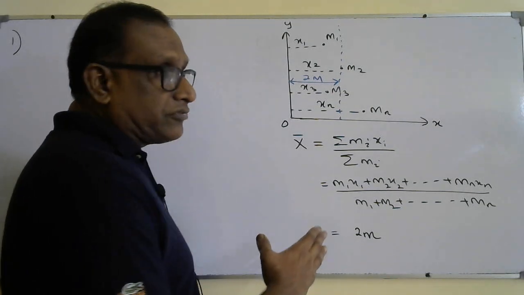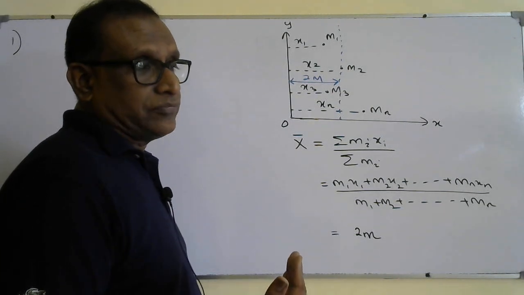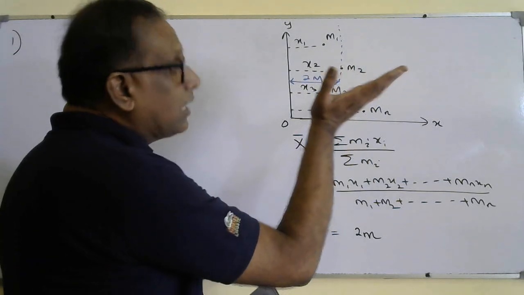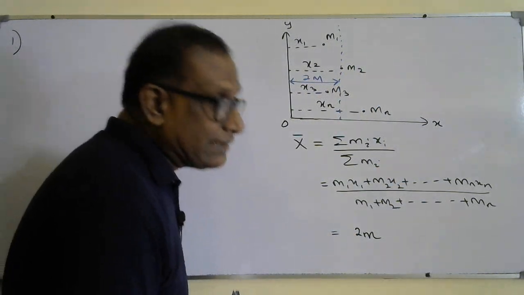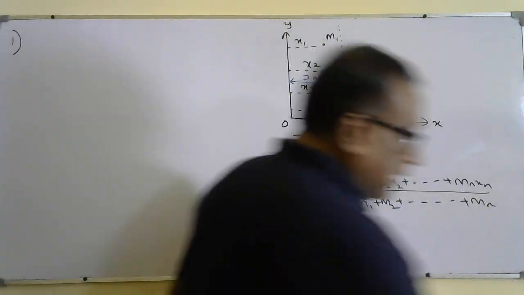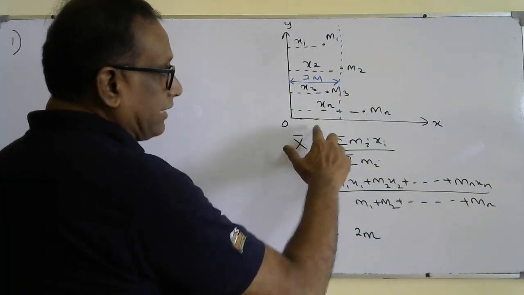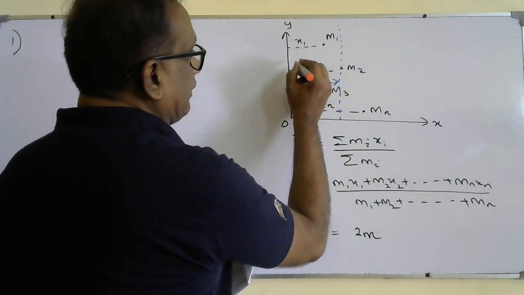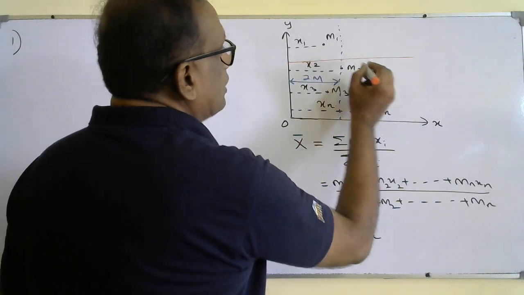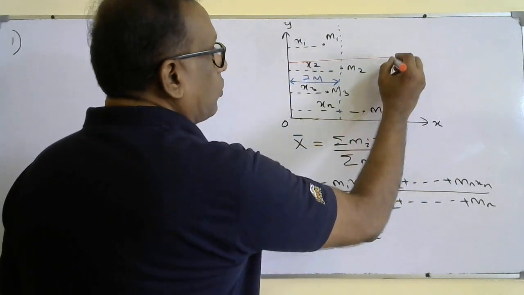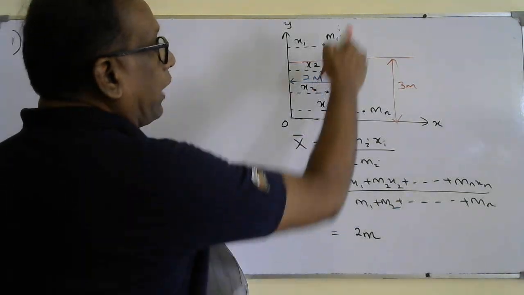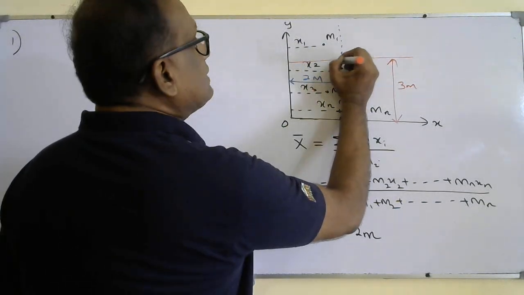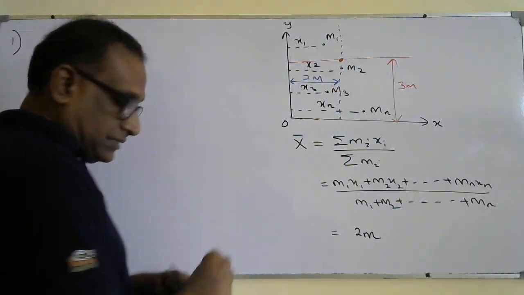When you find it from the x-axis, you are getting 3 meters. So 3 meters means the center of mass is at 3 meters from the x-axis. So on this line, this is 3 meters. So now I can tell the point of the center of mass where the two lines intersect. This is the actual center of mass.